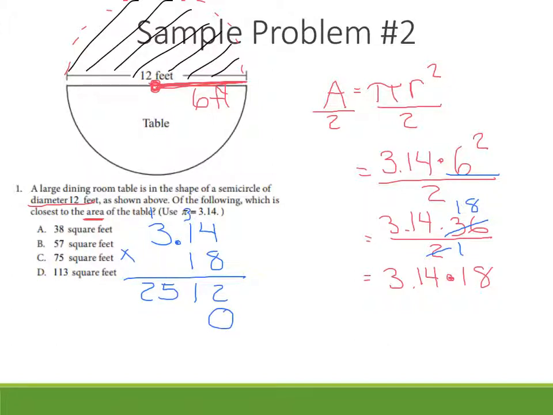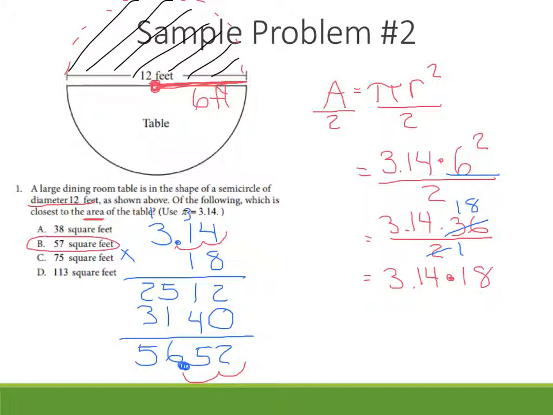Then multiply everything by the 1. Now we have to place our decimal. We count how many spaces from the right we have decimals in the original problem, which is 1, 2, and we move in that many places here in our answer. So we get an answer of 56.52. If we look at our choices, if we were to round this, we would select B, 57 feet squared.